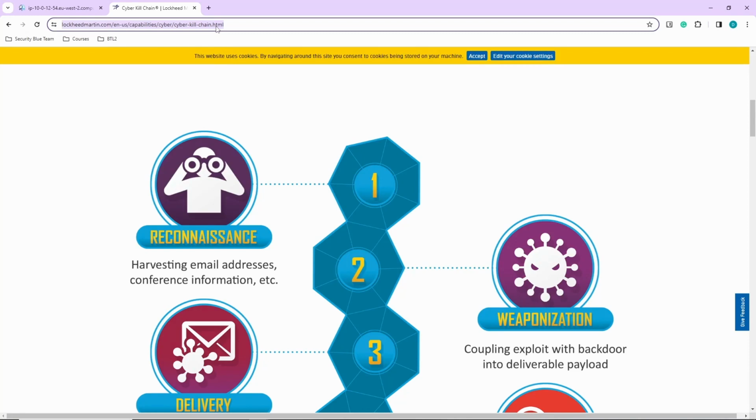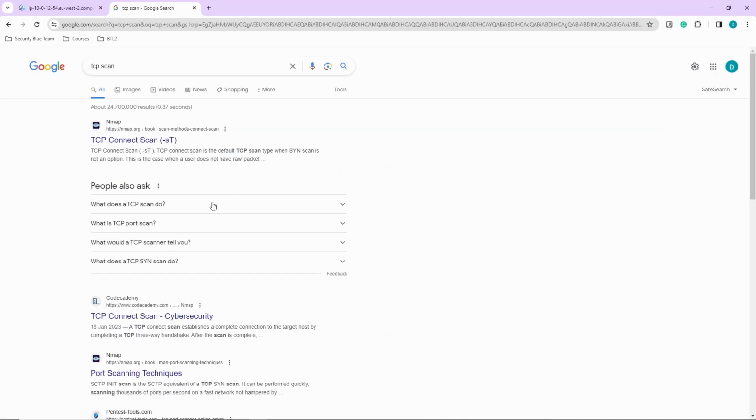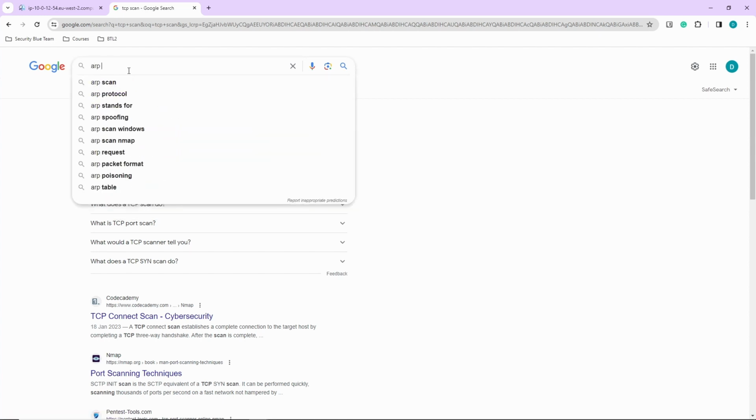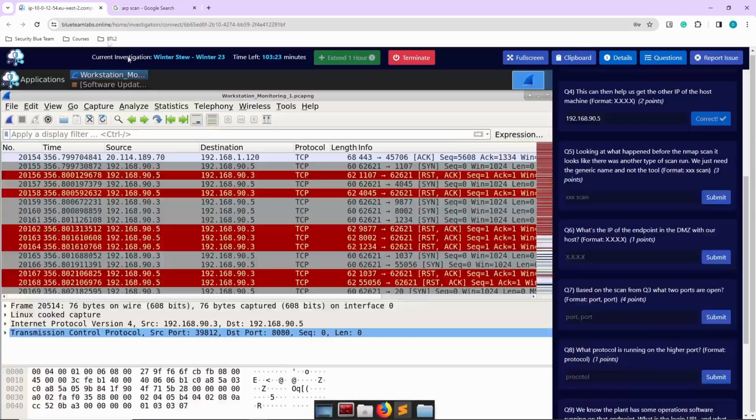So we could go, I'm not sure whether TCP scan is a thing. I guess it is, but it's usually a TCP connect scan. If we go ARP scan, I mean, ARP scan is kind of like the tool.